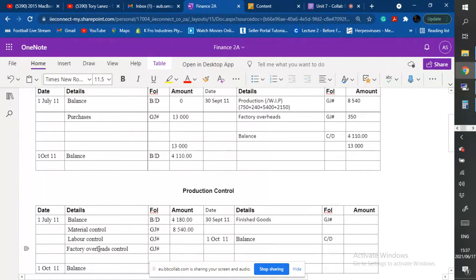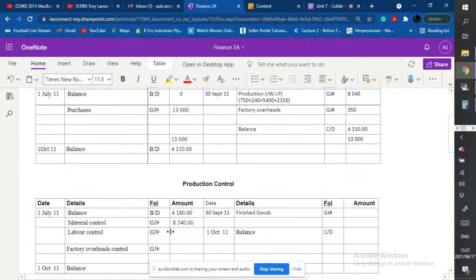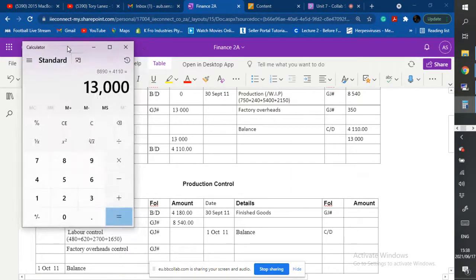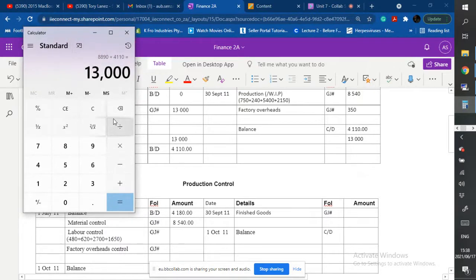So here under labor, we have to add all of the amounts under labor. So let me do it so that we have a breakdown: 480 plus 620 plus 2,700 plus 1,650. Let's get our calculator and see what that all adds up to.